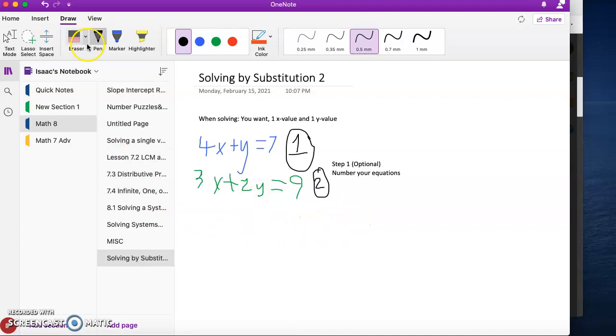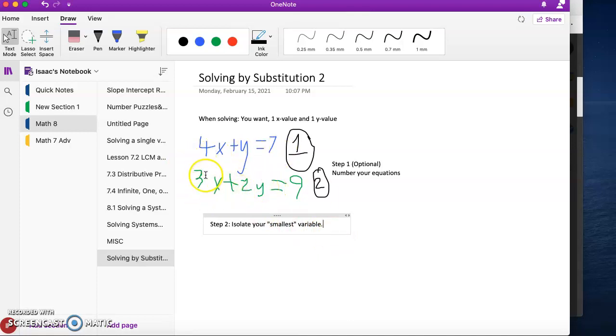Now, step 2, or potentially step 1 if you chose to skip the optional step 1. Step 2. Isolate your smallest variable. What I mean by smallest variable is the one with the smallest coefficient, meaning the smallest number in front of it.